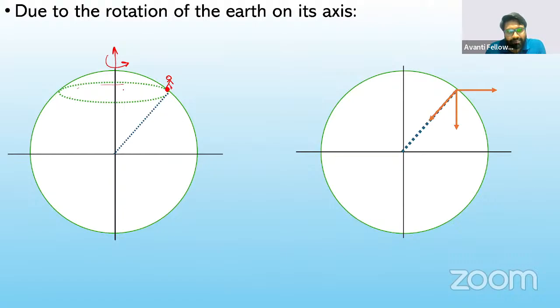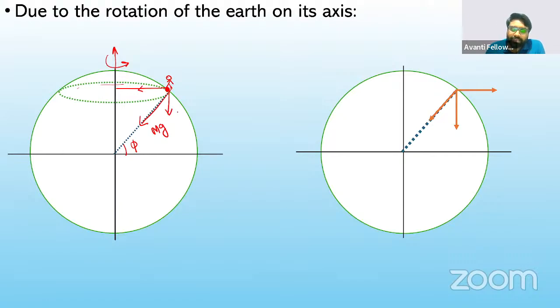It will experience a centripetal force. The weight of this particle will act towards the earth's surface. The weight force will always act towards the center of the earth. So this is mg, and let's say this angle is phi. Okay. So what will this component be?